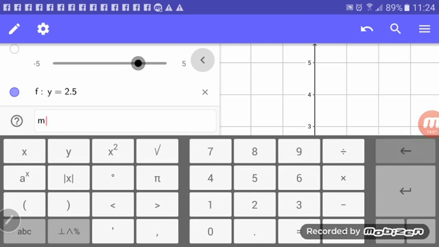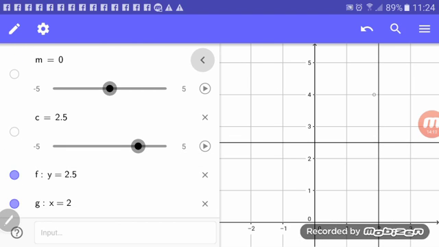Let's see if I can do this. X equals 2. Oh, yes, I can do it. Okay, so if you see this vertical line here, this is our x equals 2.